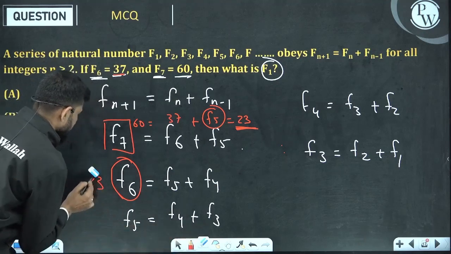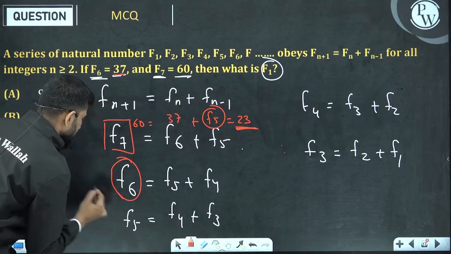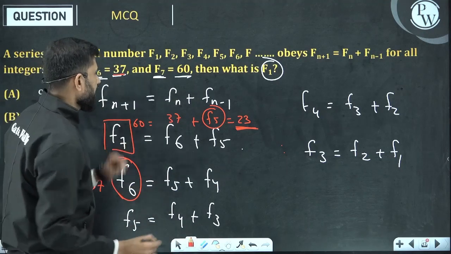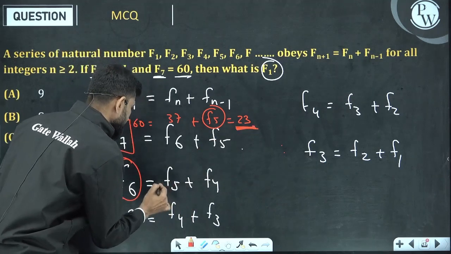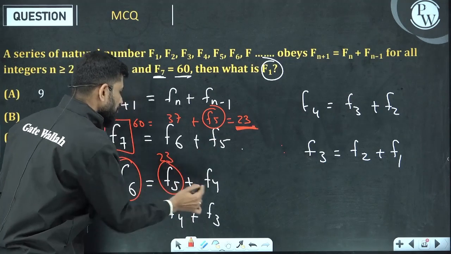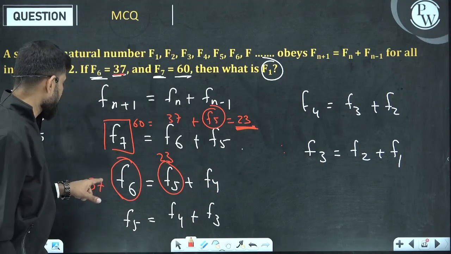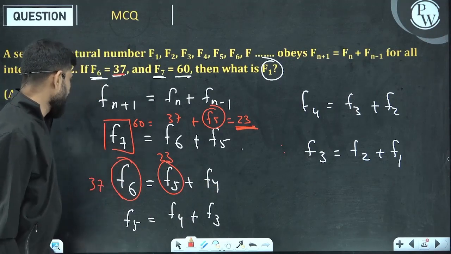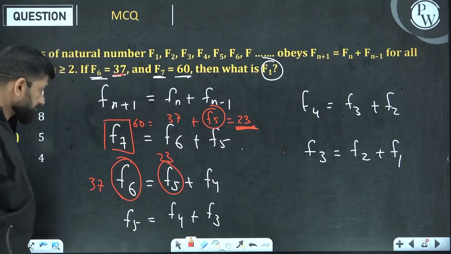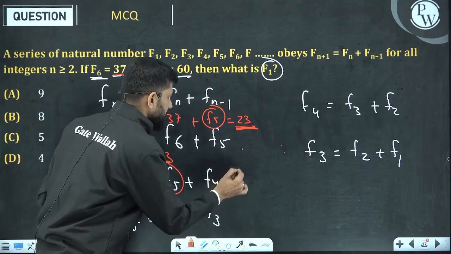So 37 is equal to f5, which we derived as 23, plus f4. If you send that to this side, it will be subtracted: 37 minus 23, so the f4 value comes as 14.